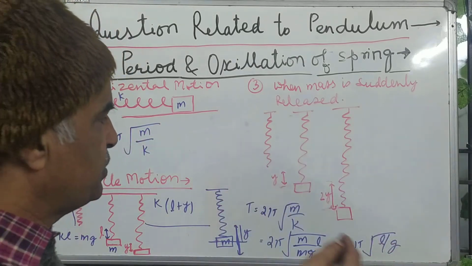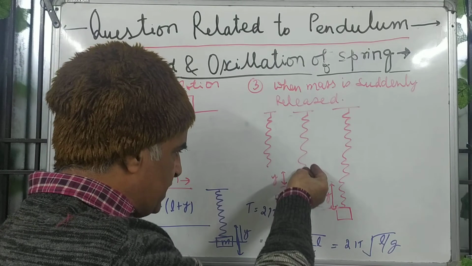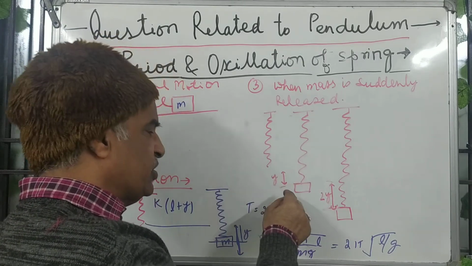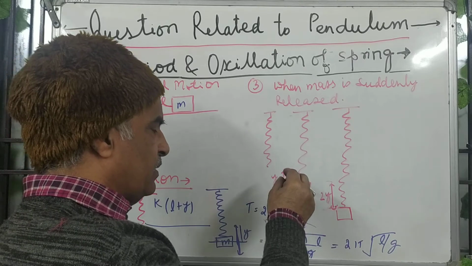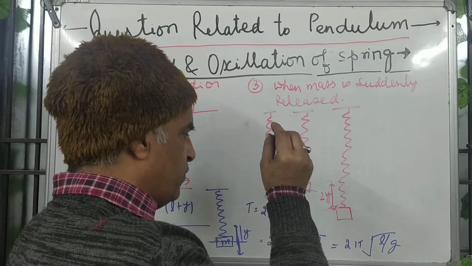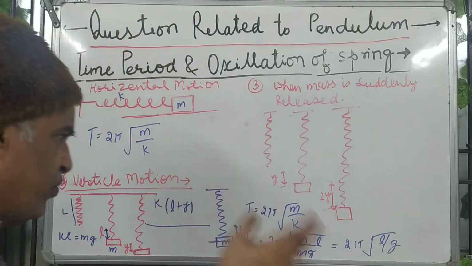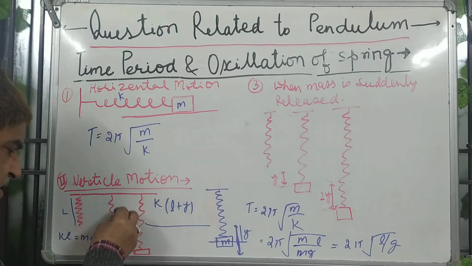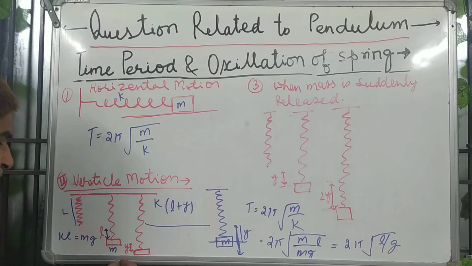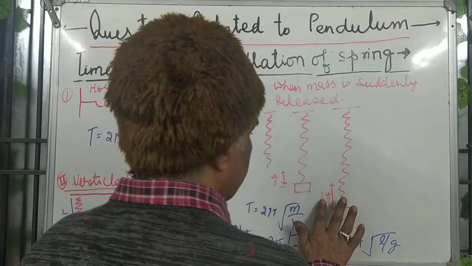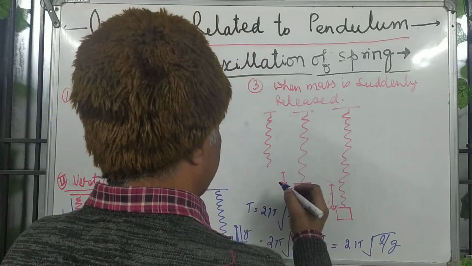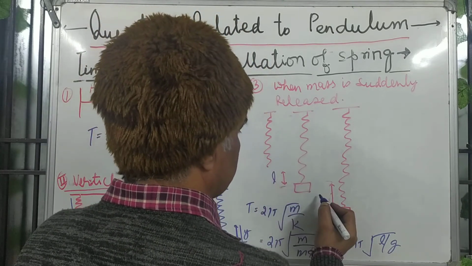If the mass is gently released, extension is y, and if you want to correlate with this, in this if the mass is gently released, extension was L. You may take here also as L if you wish, no matter.